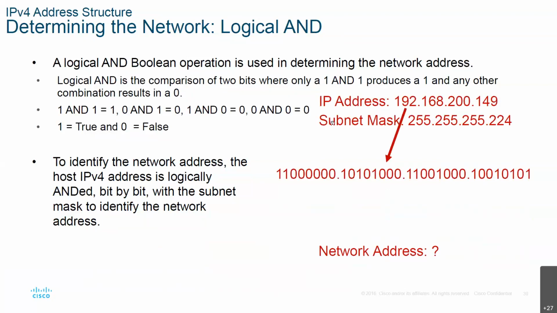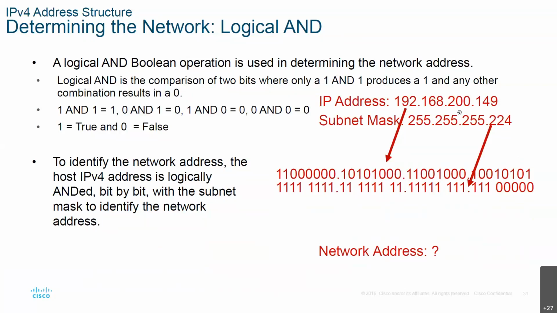Next, convert your subnet mask into binary format. Done. 255 means all ones, all ones, all ones. 224 means 111 followed by zeros.